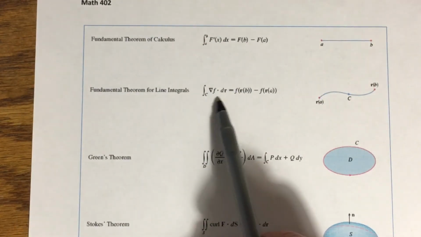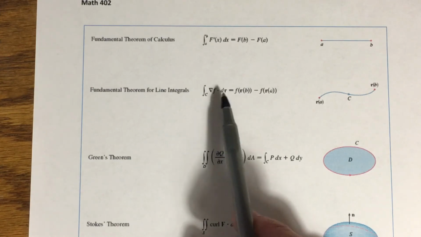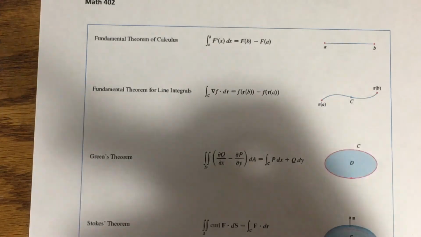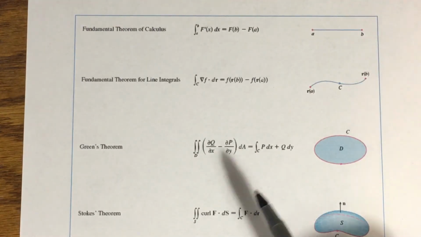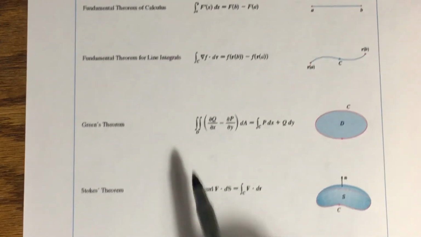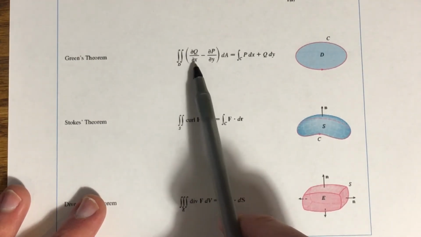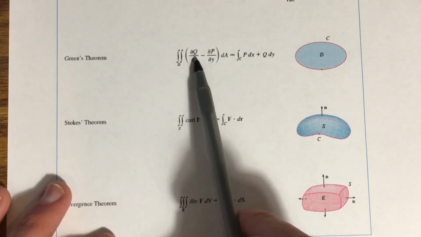Here, the line integral, this is from the fundamental theorem of line integrals, I'm taking the line integral of a gradient of a function. Well, remember, a gradient is a type of derivative of a vector, right? You take partial derivatives of the components of that vector. Here, in Green's theorem, I'm evaluating a double integral of something that resembles derivatives.